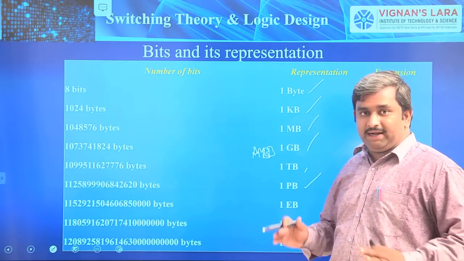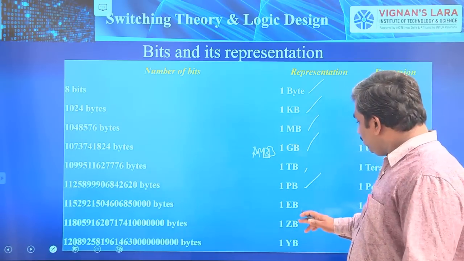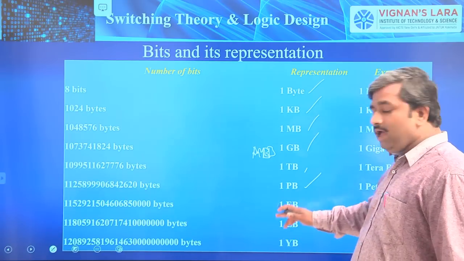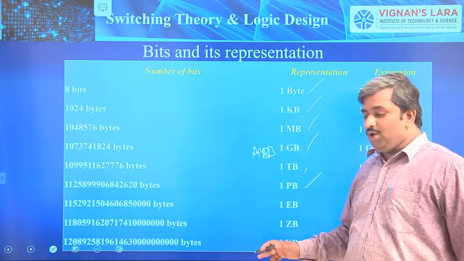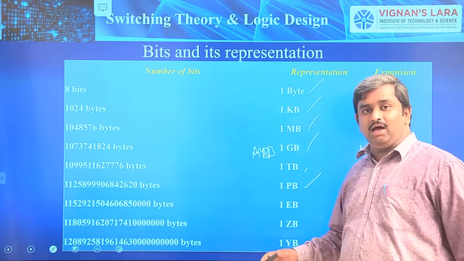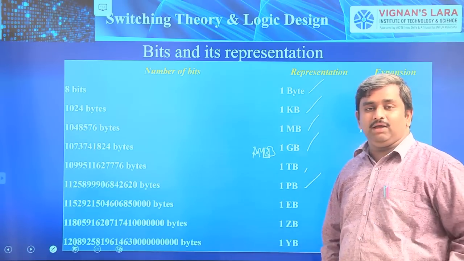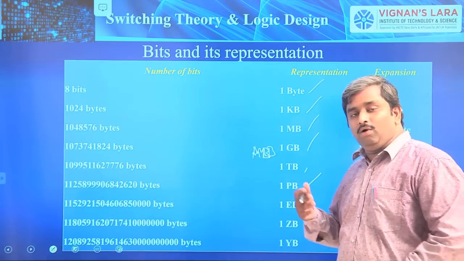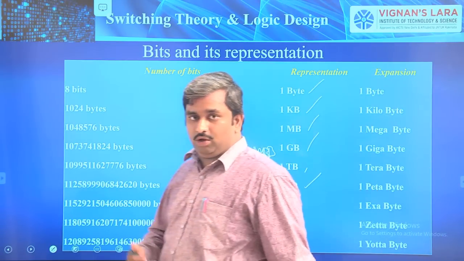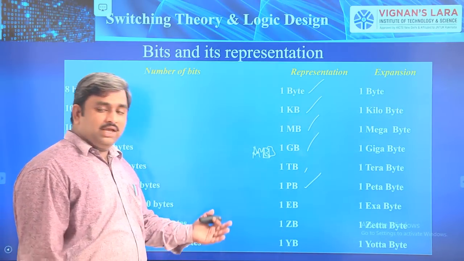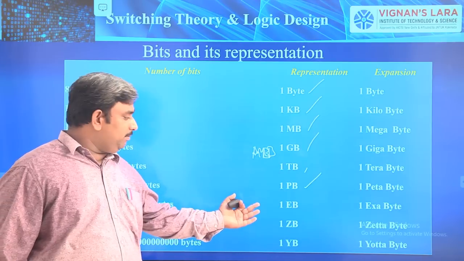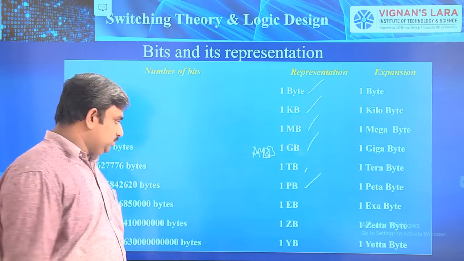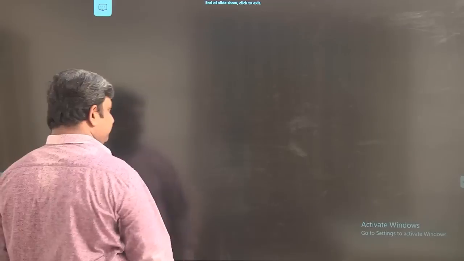We are using petabyte hard disks also. These are in the under-construction process only, where we are going to see very deep sub-micron technology in the coming days. At that time we will have memory with the availability of this one.